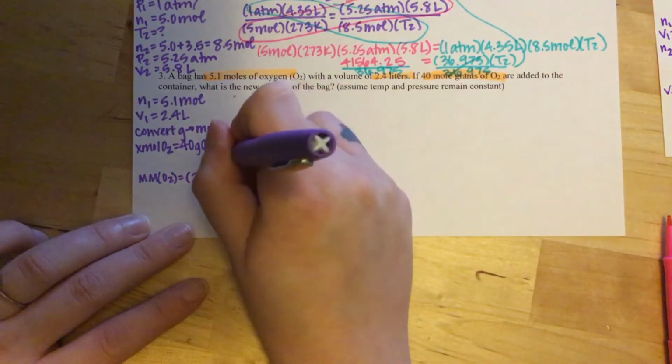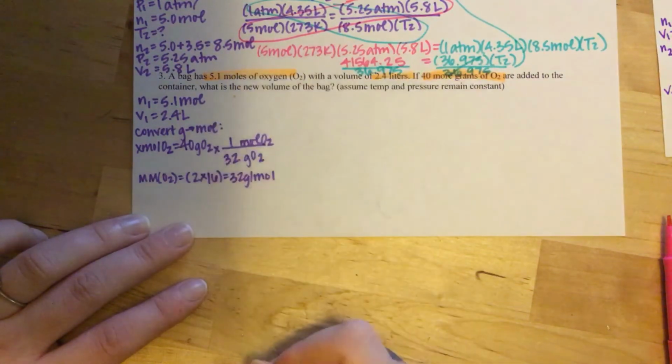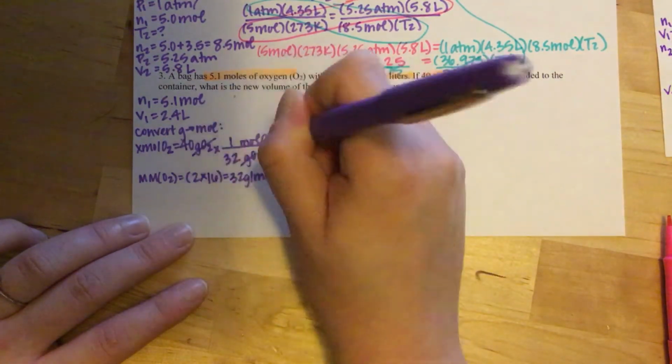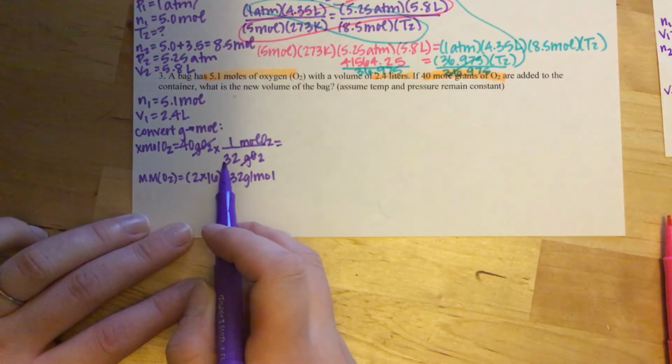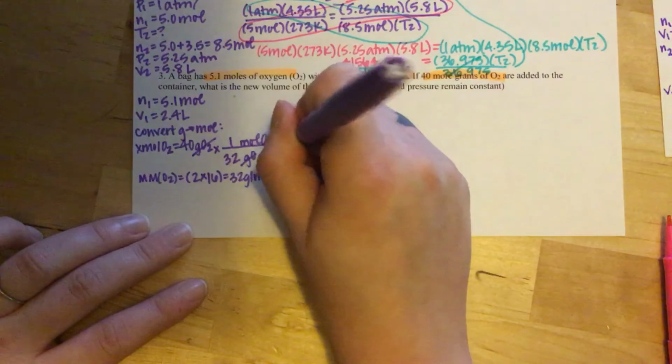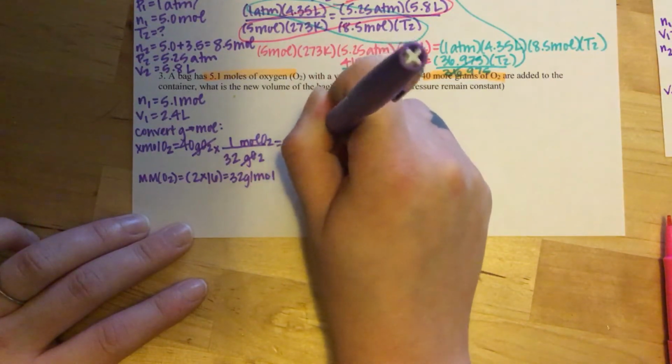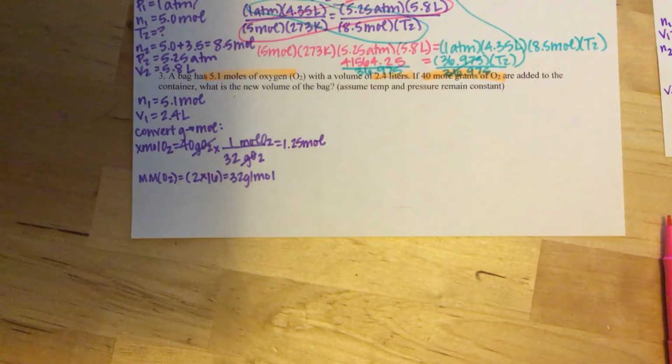We plug that number in, 32 grams per 1 mole. So I've canceled out grams and I'm left with moles. All we do then is 40 divided by 32, which gets you 1.25 moles.